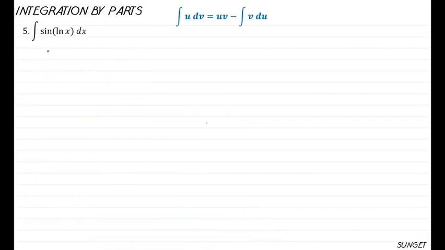Our equation number 1 is the integral of sine of ln x dx equal to x times sine of ln x minus the integral of cosine ln x dx.